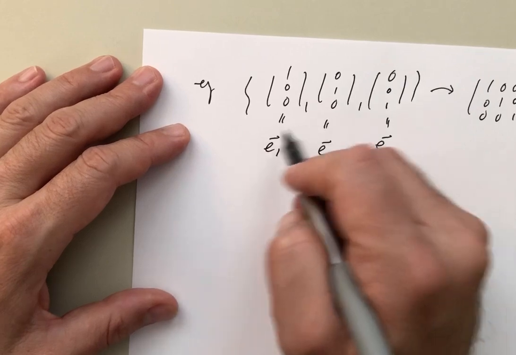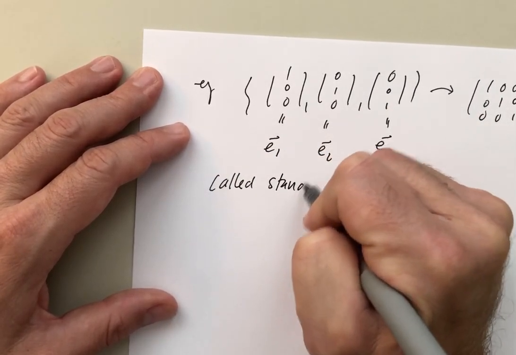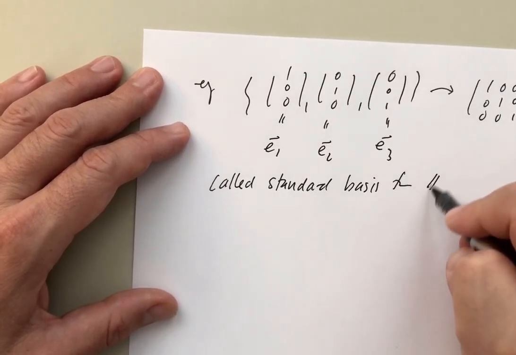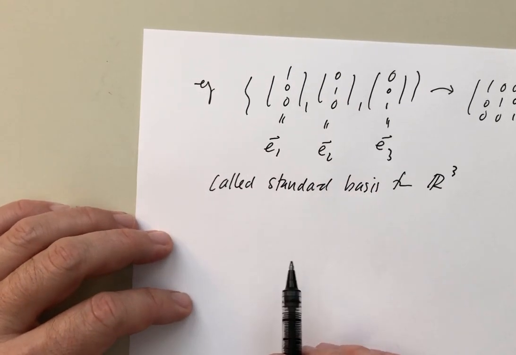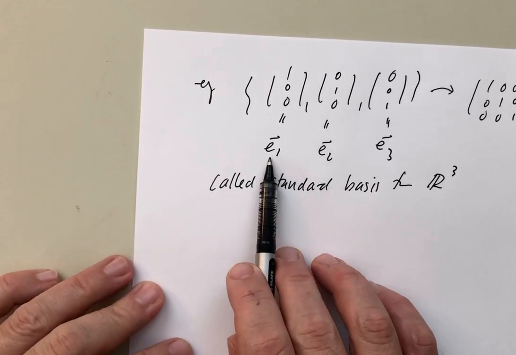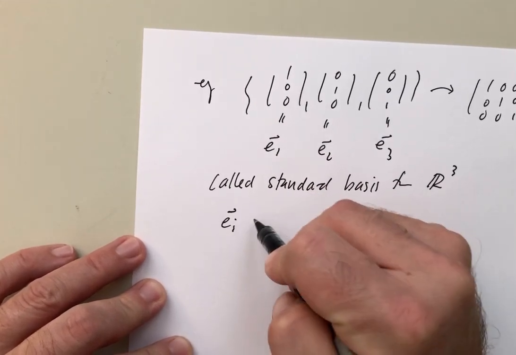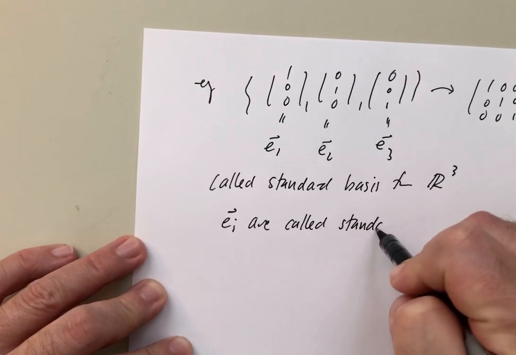So this is clearly a basis. This is called the standard basis for R3 in this case. And of course, you can do the same thing for any Rn. And that also tells you why I've been calling these guys the standard basis elements. The Ei are called standard basis vectors or elements.